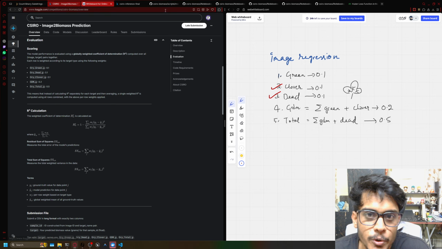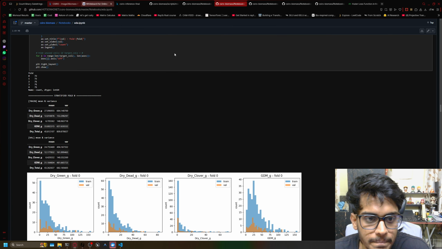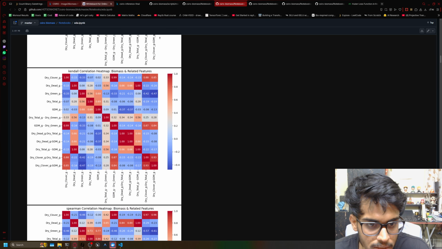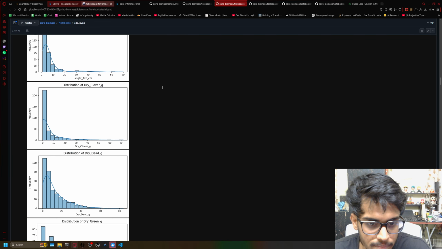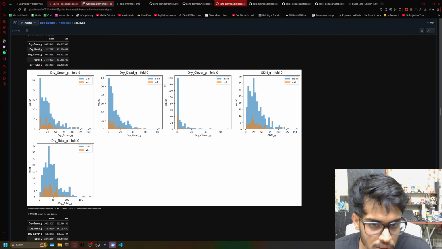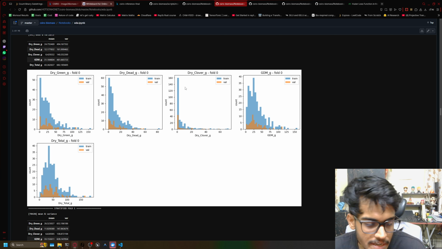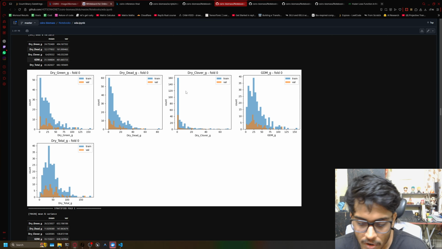The reason is, if I show you the EDA, the dead and clover quantities are very negligible in an image. A couple of images had only clovers, where your greenness has to be minimized, but for the majority of the images the clover values are pretty low. That was a major deal.